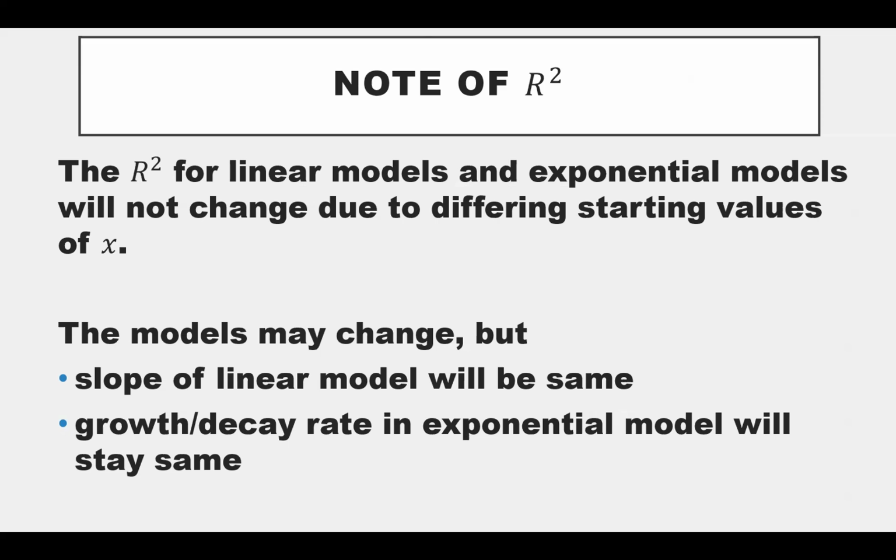That's perfectly fine if you differ your starting place. If 1950 was actually an X of 0, or if somebody else came along and said, I want to call 1950 an X of 50, you'd get the same R squared value if you built a model and they built a model. And all the predictions would be the same.